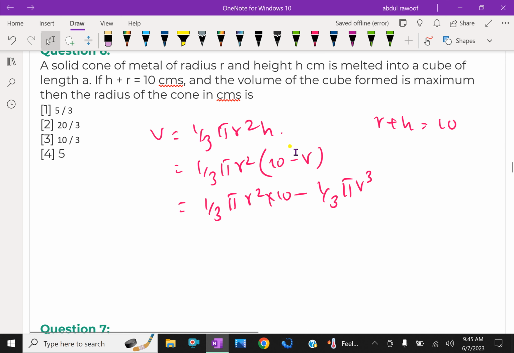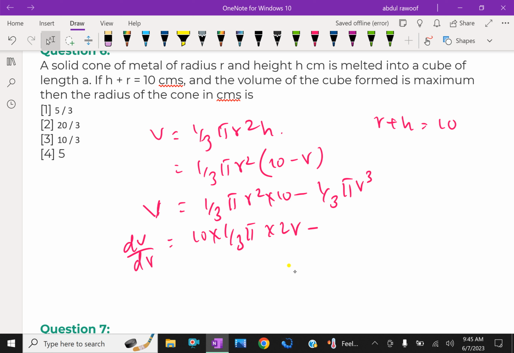This is V. So if you differentiate with respect to r to get the maximum of volume, that is 10 into 1 by 3 pi into 2r minus 1 by 3 into 3 into pi r square. It should be equal to 0 to get a maximum value.